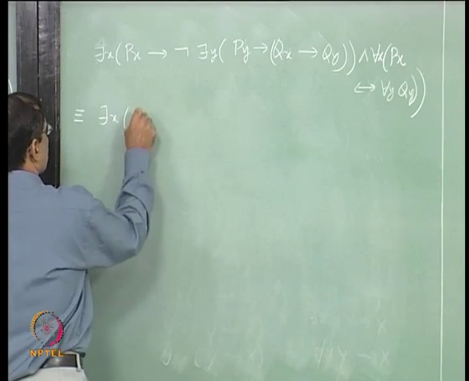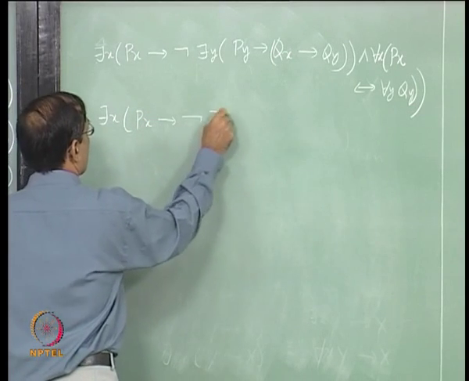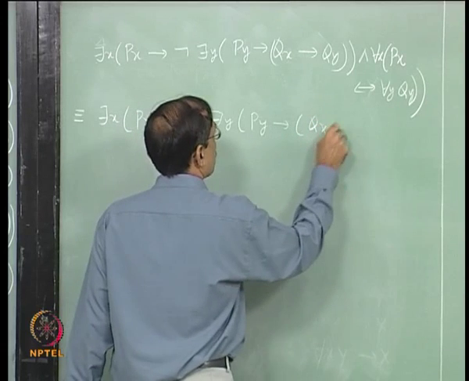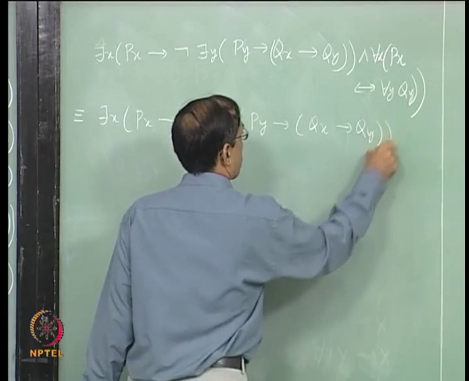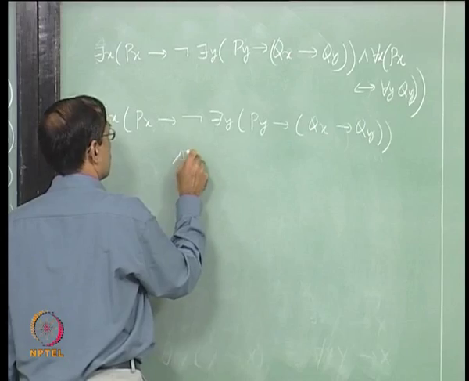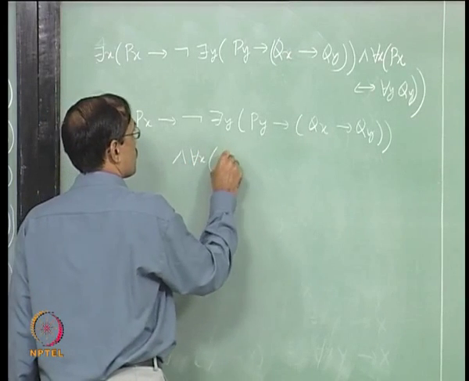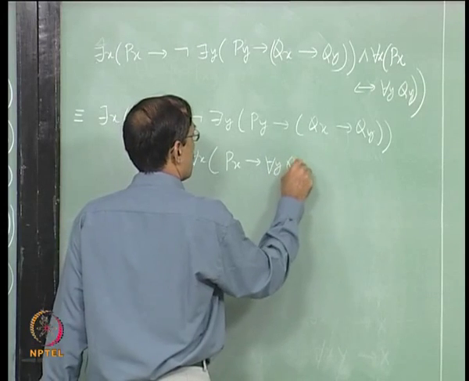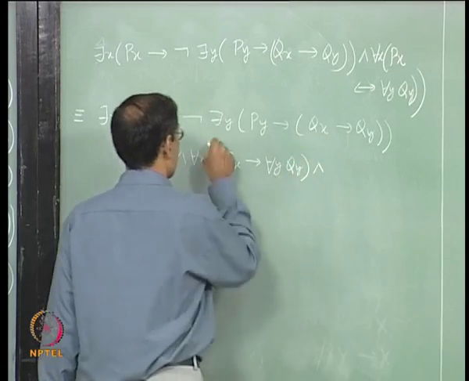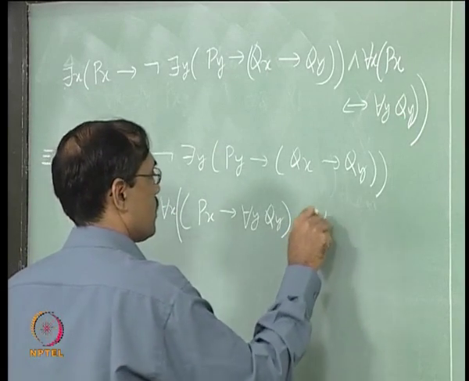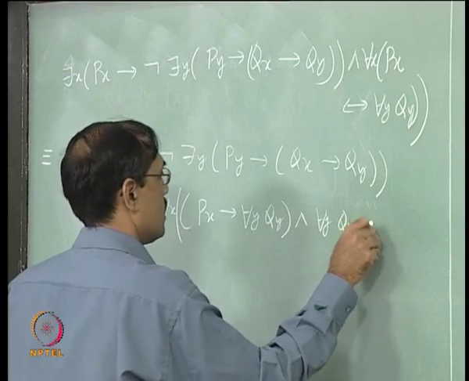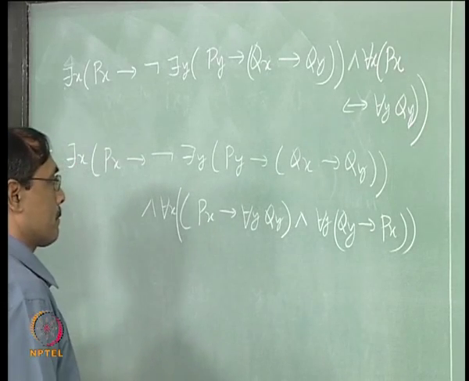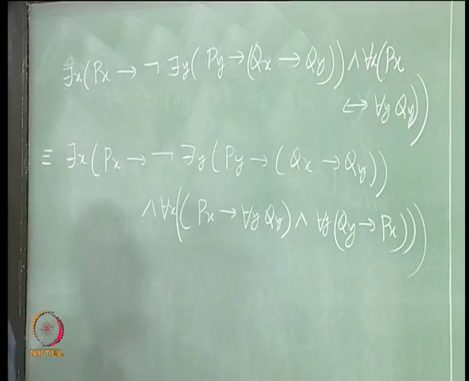So, that is there exists x, p x implies not there exists y, p y implies q x implies q y, and for each x p x implies for each y q y, and for each y q y implies p x.